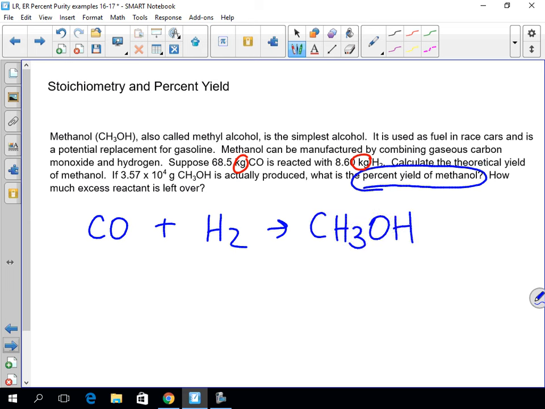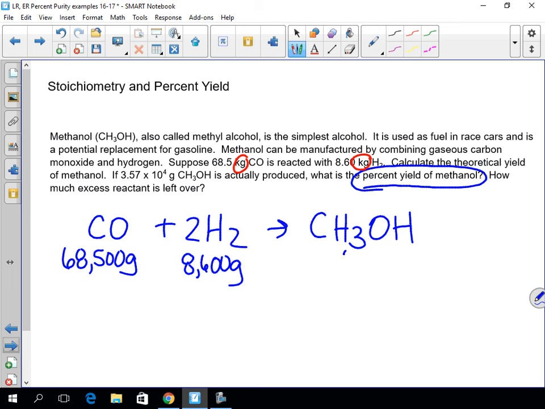It's a pretty easy one to balance. It just needs a 2 in front of the hydrogen. And be careful. You have 68.5 kilograms, which is the same thing as 68,500 grams. And you have 8.6 kilograms, which is the same thing as 8,600 grams.